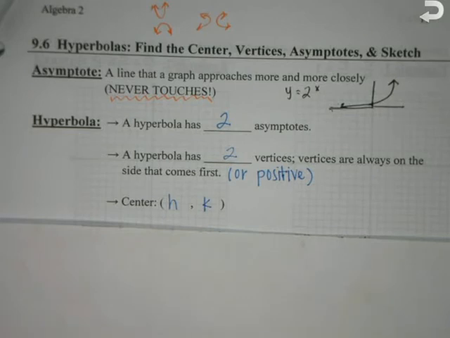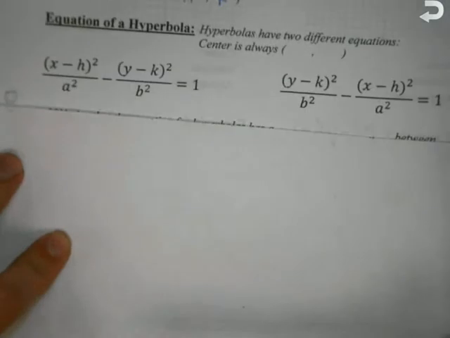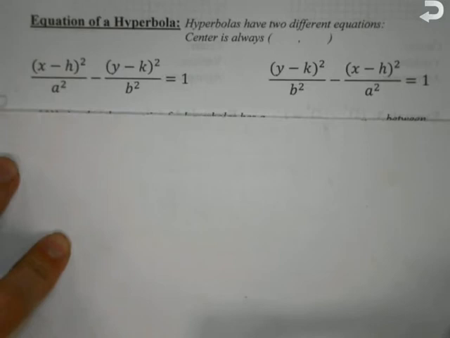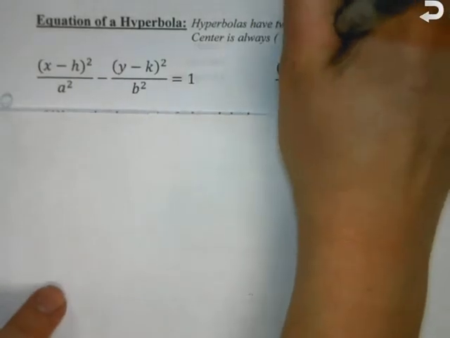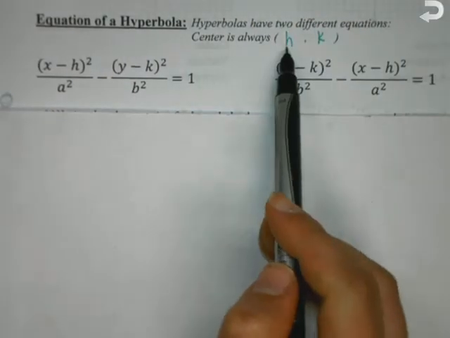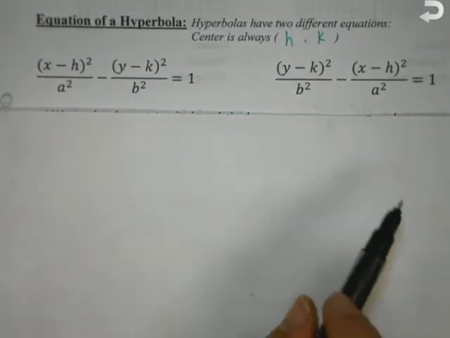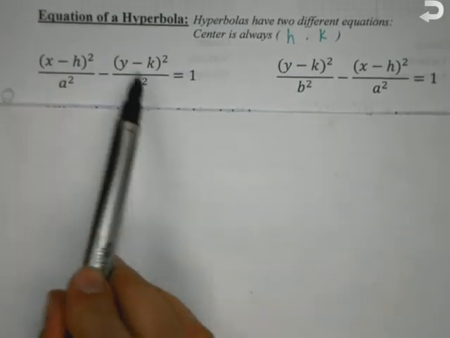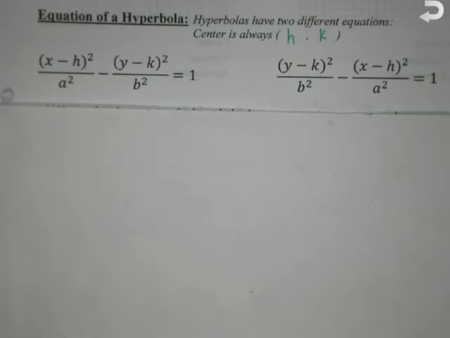So, an equation of a hyperbola. There are two different equations for a hyperbola. The center is always h, k, so h is always what's attached to x, k is always what's attached to y. The only thing that changes is where x's and y's are. So remember how for circle, ellipse, parabolas, x always comes first, right?